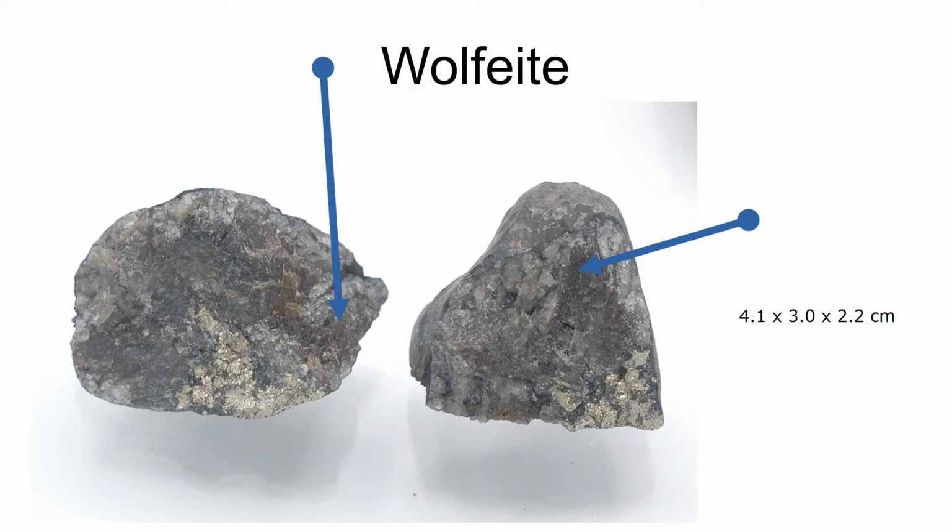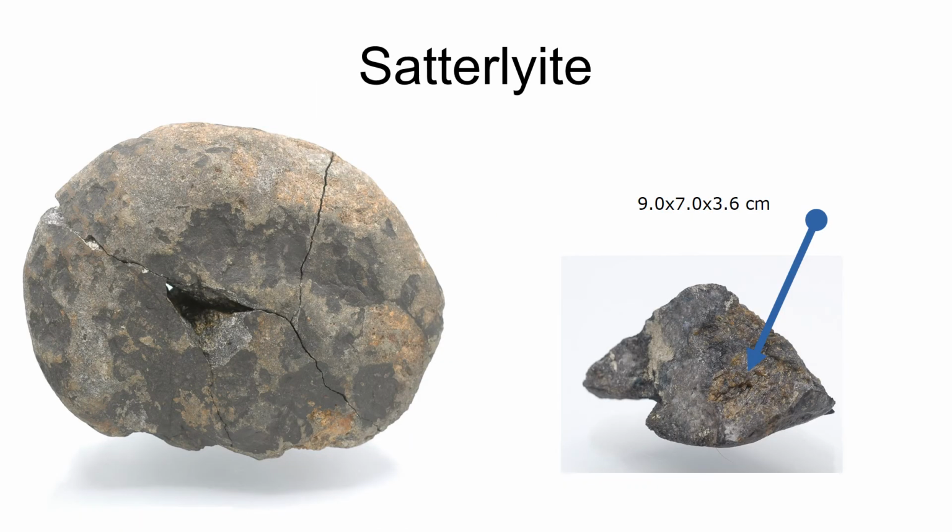Another occurrence of wolfeite, as mentioned previously, is these reddish anhedral patches in, again, nodules composed of several phosphate species. Satterlyite occurs commonly as well, tends to be more in the central portion of the nodules, has a higher luster, more of a caramel brown color, indicated by the arrow here.